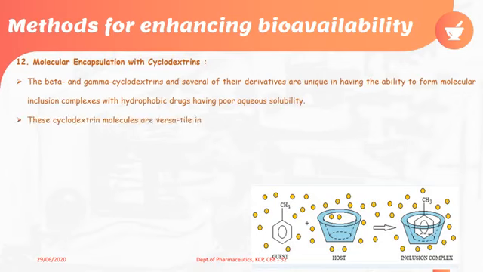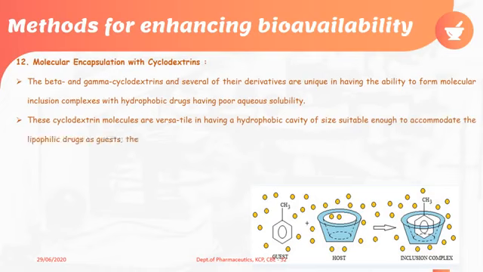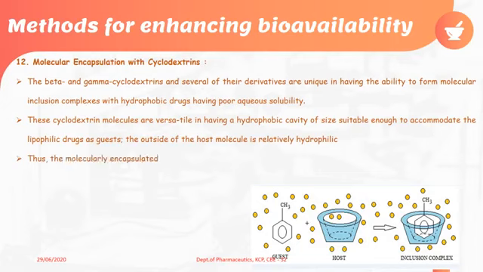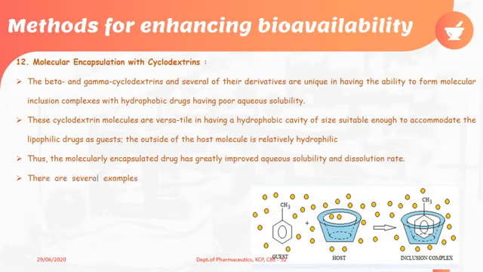These cyclodextrin molecules are versatile in having a hydrophobic cavity to accommodate the lipophilic drug as a guest. The outside of the host molecule is relatively hydrophilic in nature. Thus, the molecular encapsulated drug has greater improved aqueous solubility and better dissolution rate.